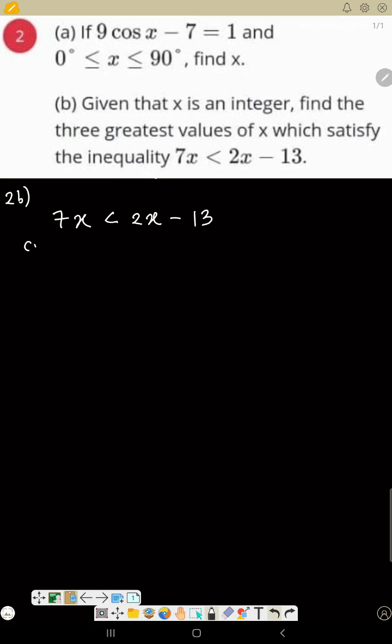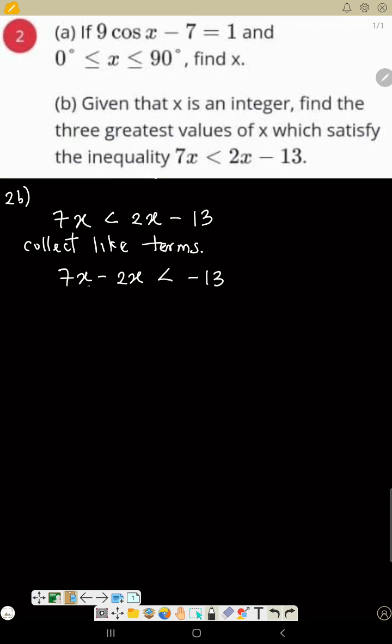Now collect like terms. So if we collect like terms, this will be 7s minus 2s is less than minus 13. You know this is plus 2s here, take it to the other side, so it becomes minus.